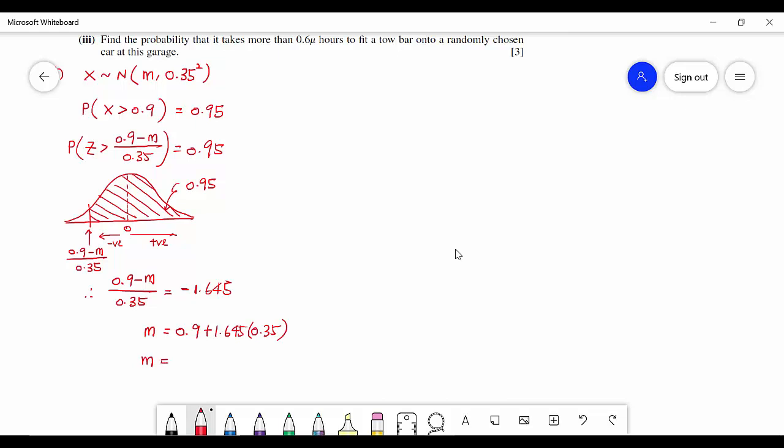The final answer for m should be equal to 1.47575. And of course, I want to change it to three significant figures, so it will become 1.68. Okay, so this is the answer for m that we have.